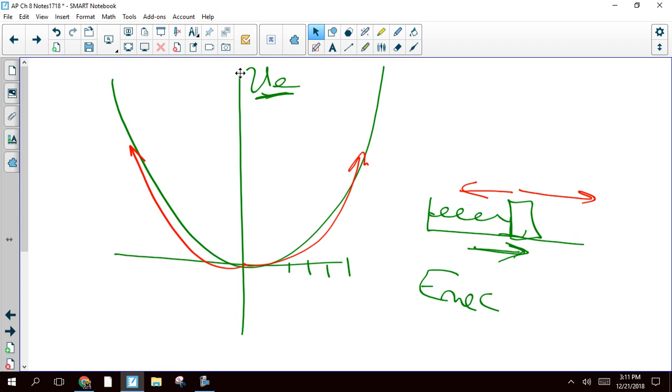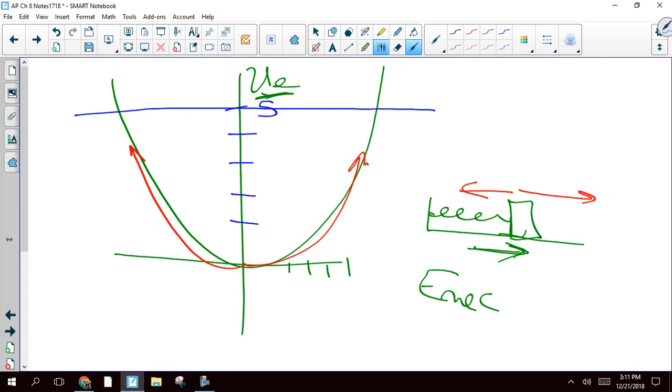Let's suppose that at the instant you let go of it, the mechanical energy is 5 joules. Well, if the only force on it is the spring, then the mechanical energy is going to stay 5 joules. Regardless of what type of energy it has when you let it go, whether you've given it 5 joules of kinetic energy or 5 joules of elastic potential energy, the mechanical energy is going to stay 5 joules.